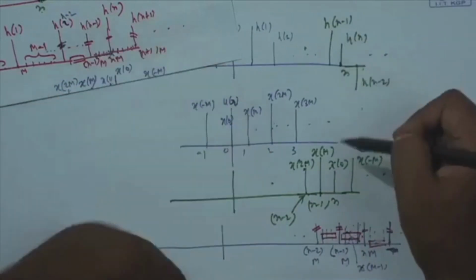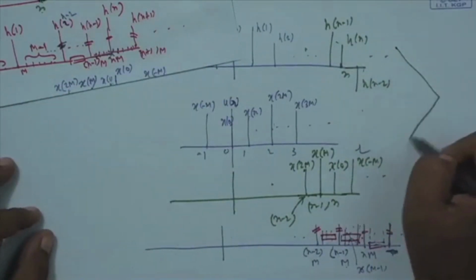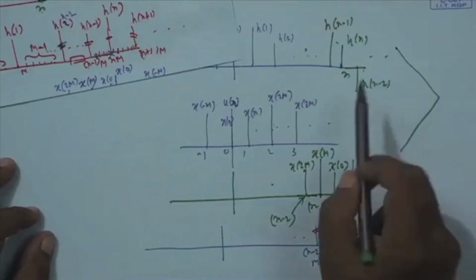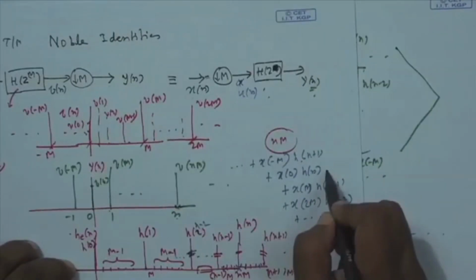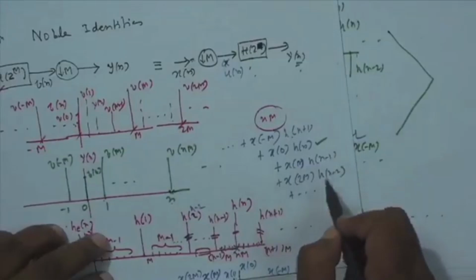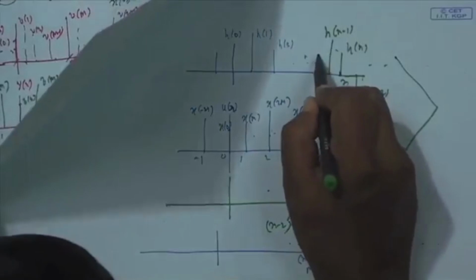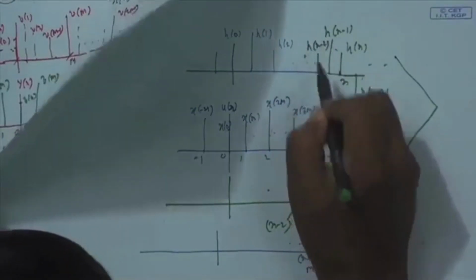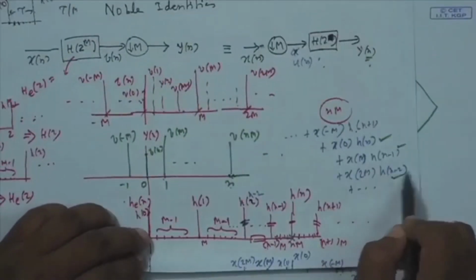Now, if you convolve, if you multiply this with this, what will you get? x 0 into h n, nth point, x 0 into h n, then x m into h n minus 1, x 2m into h n minus 2, because x 2m is at n minus 2.